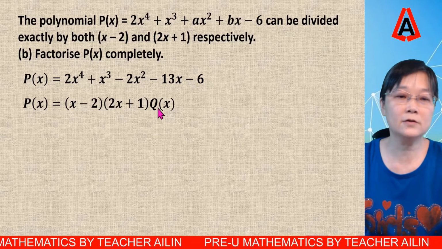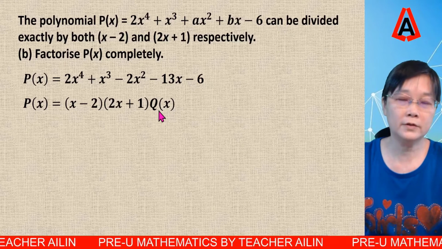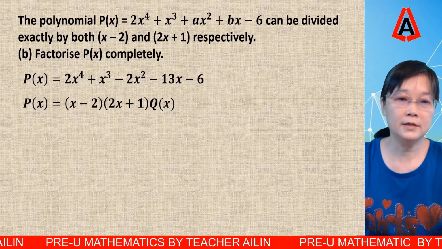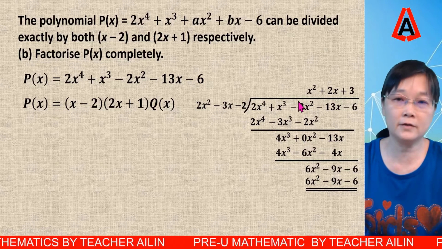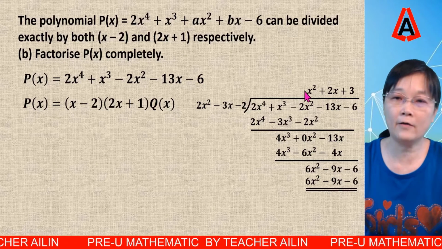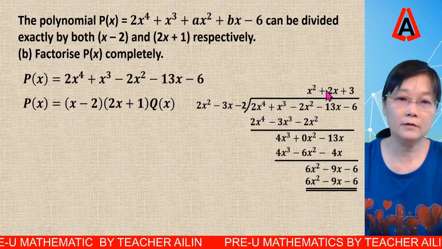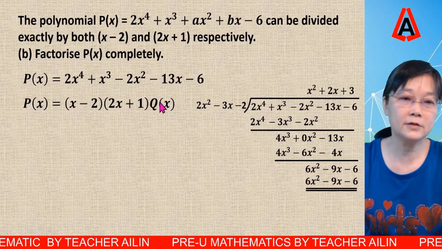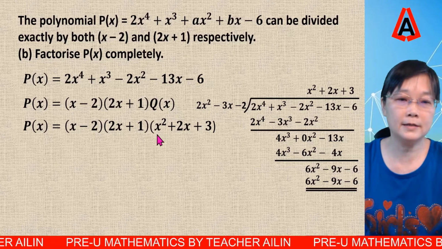To find this quotient, we can use long division or equating coefficients. So in this question, I use the long division method to find the quotient. After the long division, I take the quotient and substitute it into the polynomial here. Now I get this one.